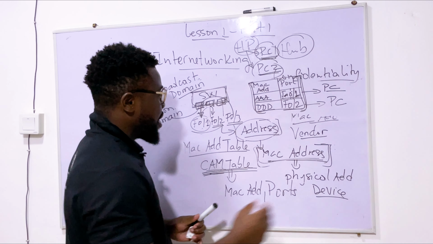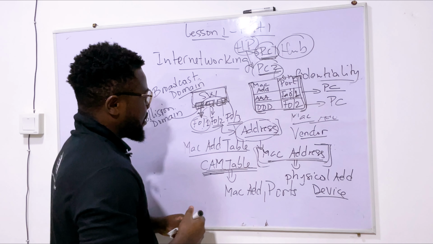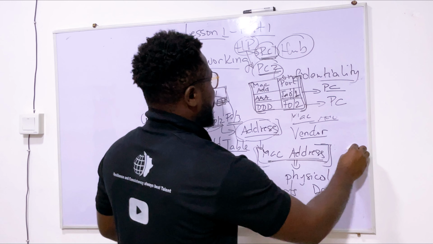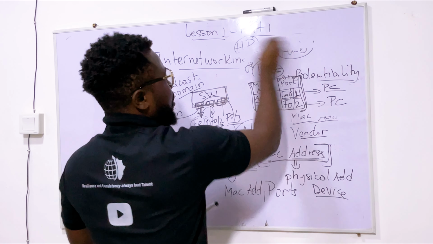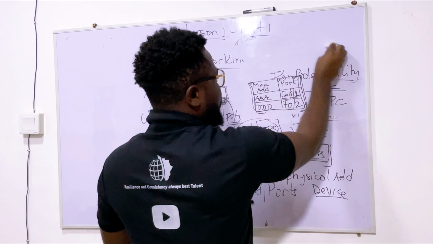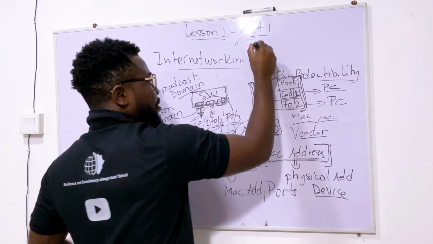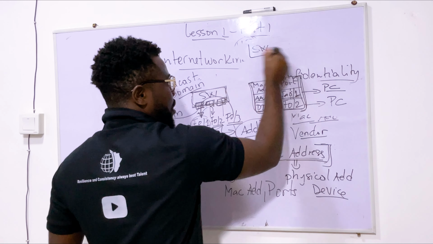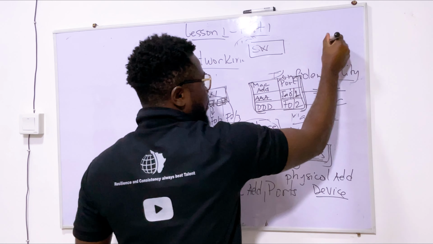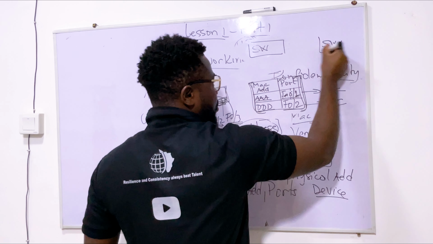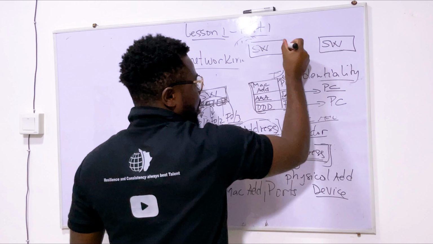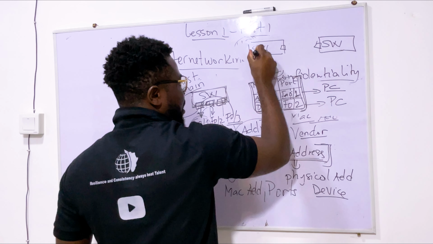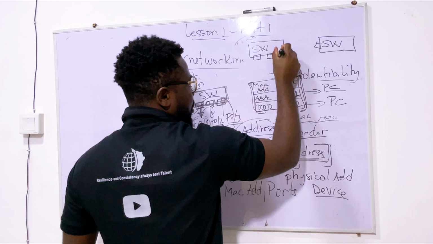Let me give you one scenario over here. If I have a switch like this, and I have another switch here, and this is one interface, this is another interface, and here I have 3.